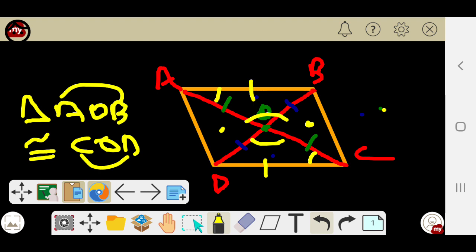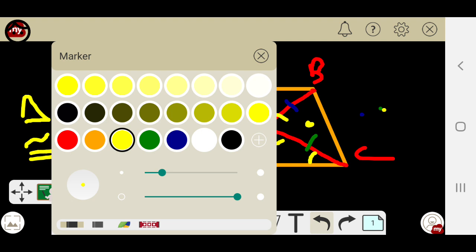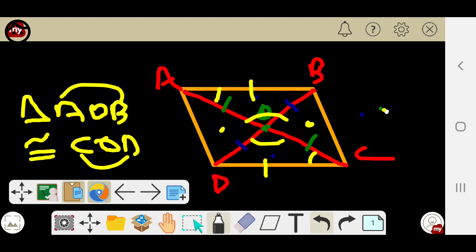Same way, for the next diagonal DB, these two angles are also equal, alternate interior angles. So AD is parallel to BC. We got AB parallel to DC and AD parallel to BC, and also AB equal to CD and AD equal to BC, which means ABCD is a parallelogram.